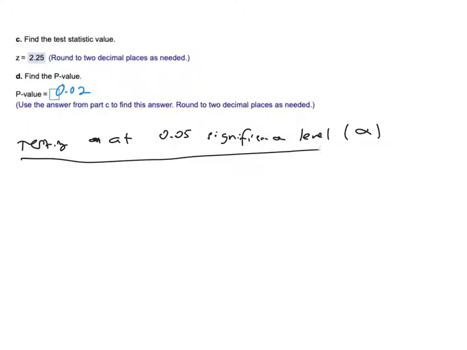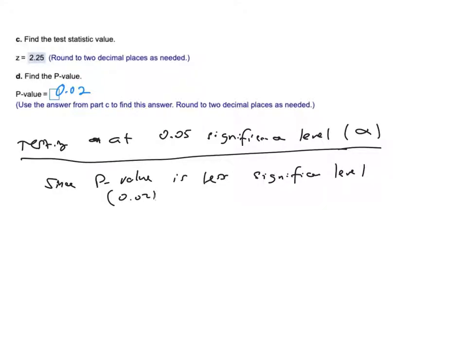If we're testing at the 0.05 significance level, then 0.02 is small. That's a very rare thing to see. So we would say, since the p-value is less than the significance level, so that is 0.02 is less than 0.05, then we reject the null hypothesis.